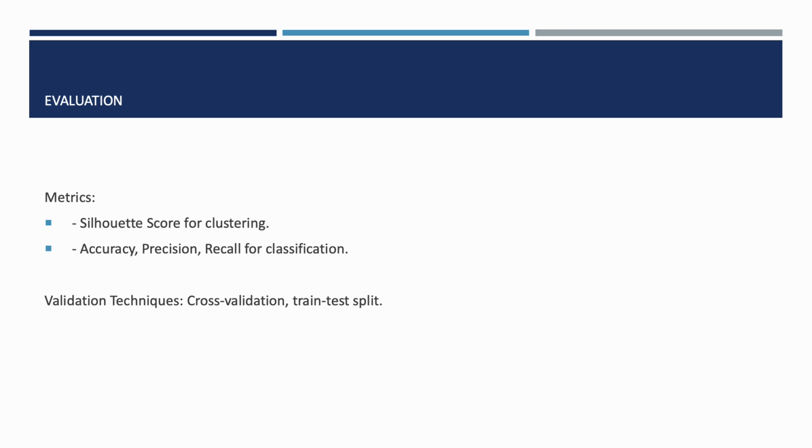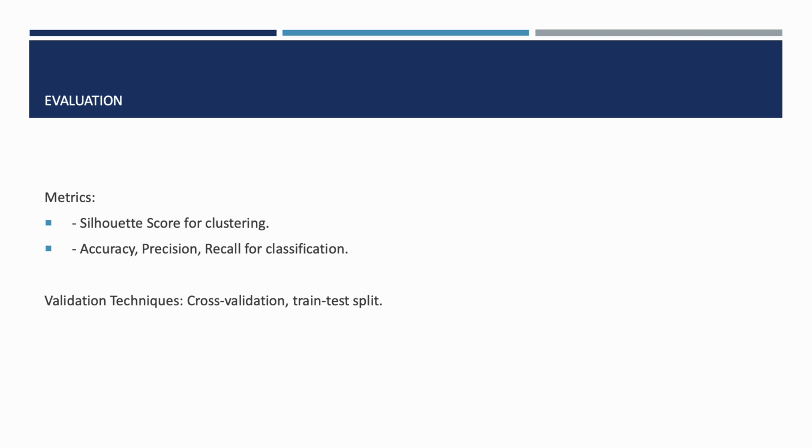Then for precision, we can measure the proportion of true positive predictions among all positive predictions. It helps determine how accurate the positive predictions are. Then for recall, we can measure the proportion of true positive predictions among all actual positives. It helps determine how well the model identifies positive instances.